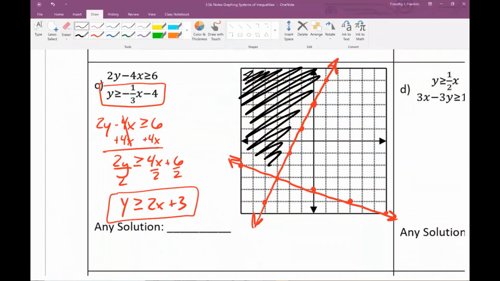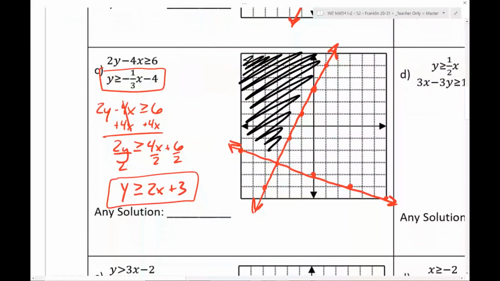And so now we just need to pick one point in that area. Again, keeping in mind the points on these lines are okay to use because the lines are solid. Let's just pick, I don't know, this point right here. So negative 2, 2 is a possible solution of that system. Any of those points will work fine.